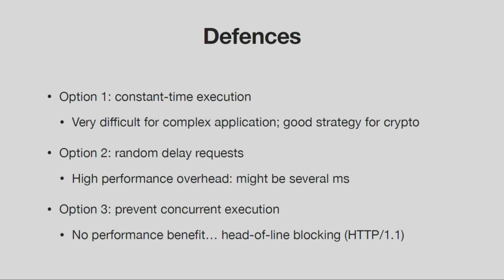This is a quite good strategy for crypto operations because there we have one input, then a certain algorithm, and then an output. If we can make this algorithm constant time, well, it's not easy, but it is feasible in most cases. So then we make sure that there are no timing leaks.